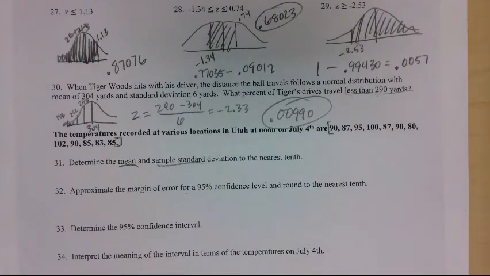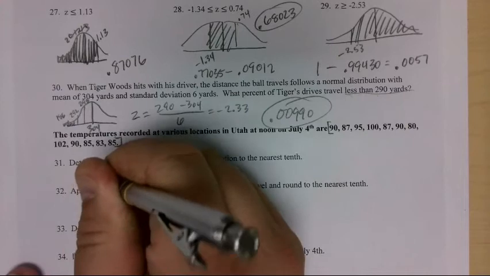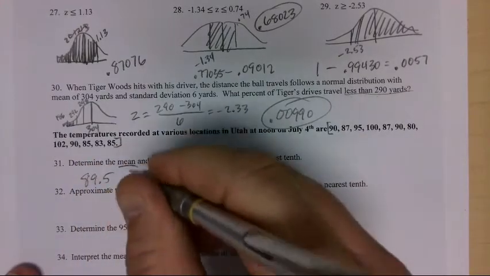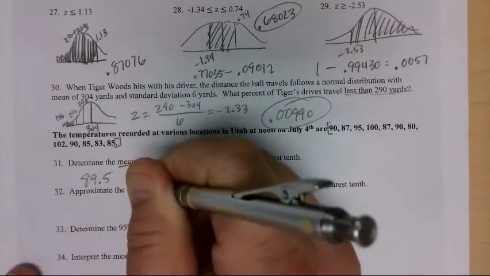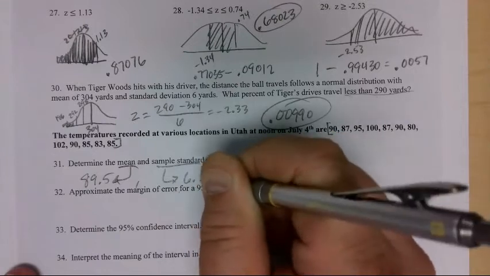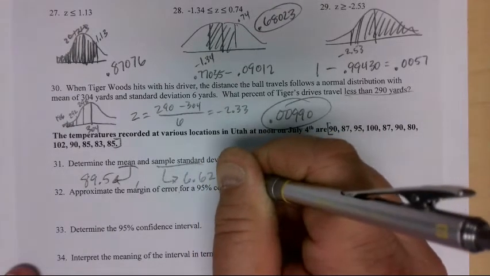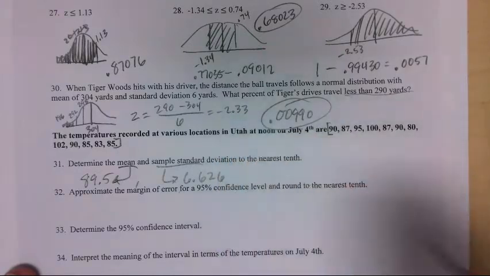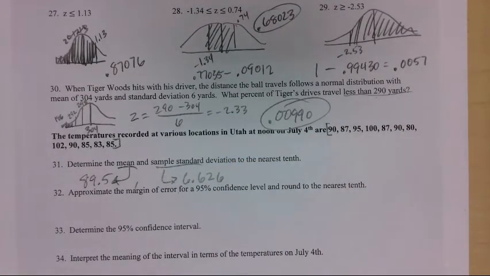Then I can just use the statistics functions on that, and that will give me a mean of 89.5 and a standard deviation of 6.626. That's that. I will not expect you to find that by hand, but on decimals I would.